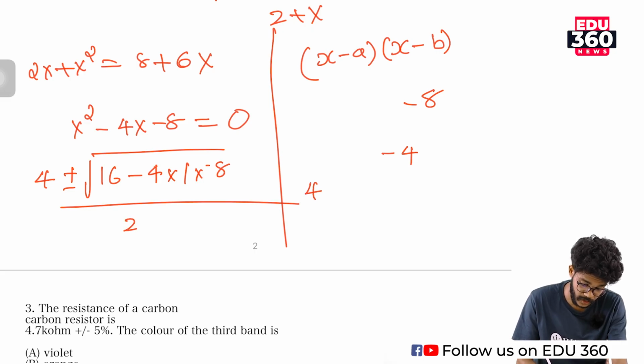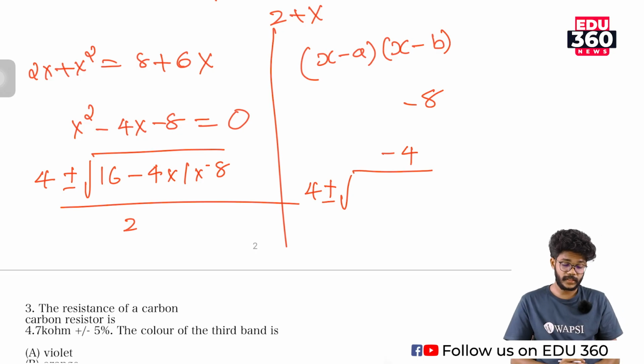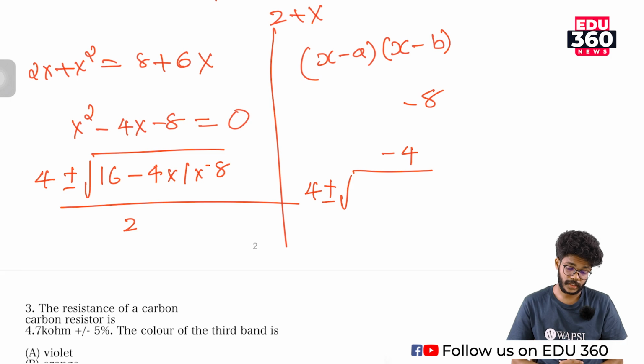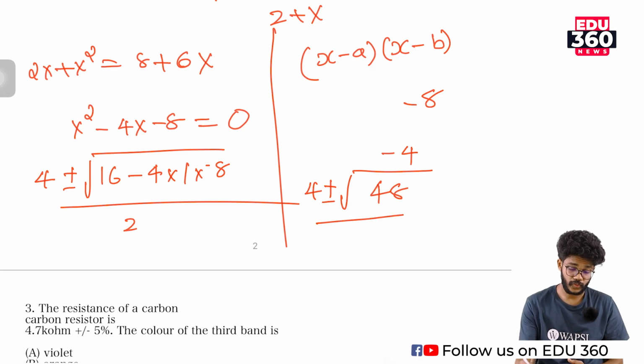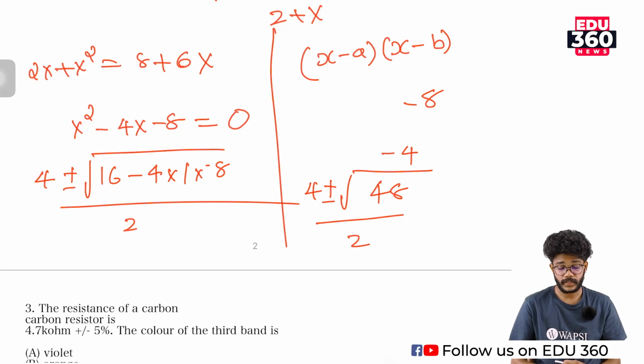That is 4 plus or minus root 16 plus 32, which is 48, divided by 2. 4 plus or minus root 48. Root 48 is actually 6.9 something. 4 plus 6 is 10, 10 by 2 is 5.